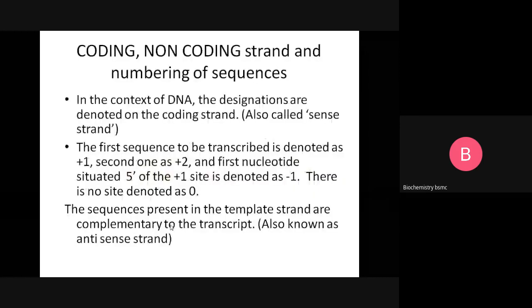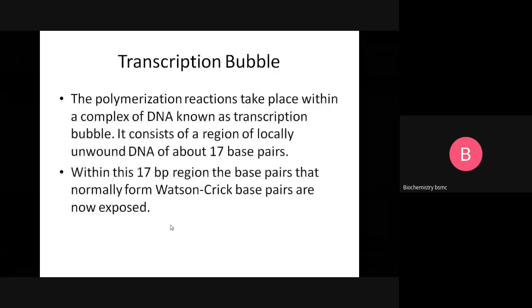Now going to one important slide, the transcription bubble. The polymerization reaction takes place within a complex of DNA known as the transcription bubble. It consists of a region of locally unwound DNA, about 17 base pairs.